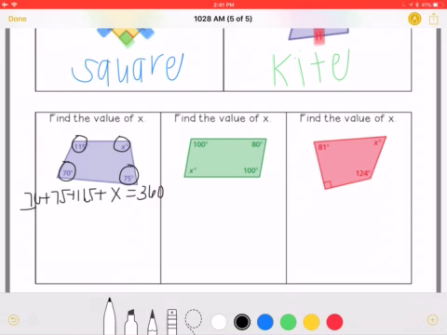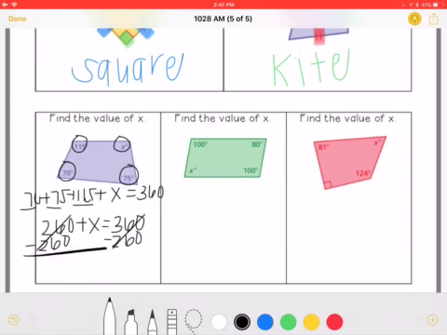So let me add these all up. 70, 75, 115. That gives me 260. Now we're just solving for x. So solve your equation for x. And I get x to equal 360 minus 260 gives me 100.